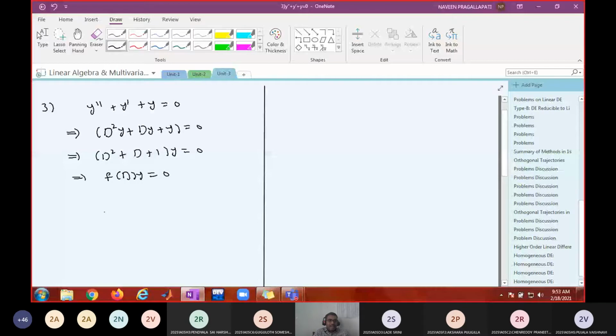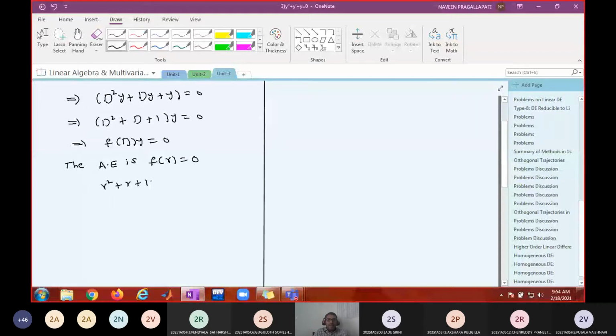Write down the auxiliary equation. So what is f of r equal to 0? r square plus r plus 1 equal to 0. And how do you write down the roots?